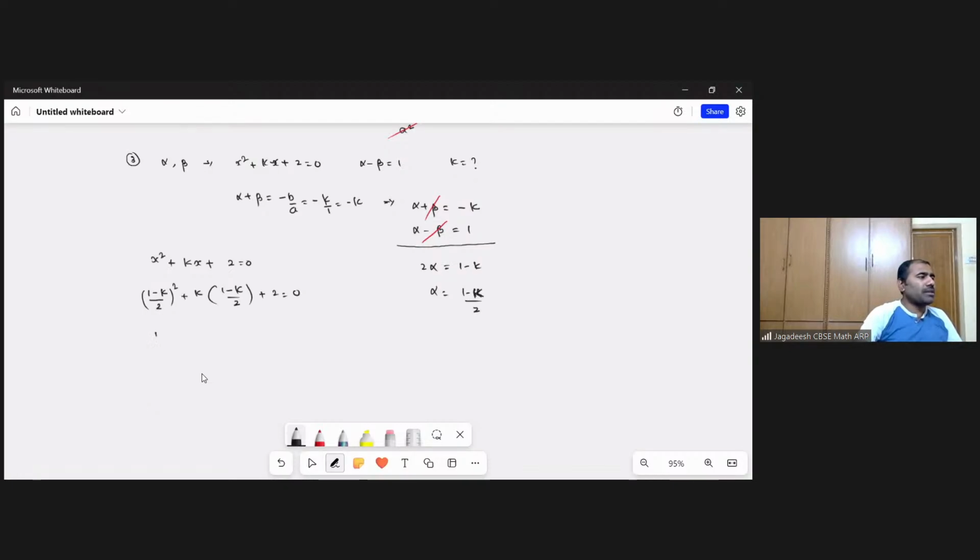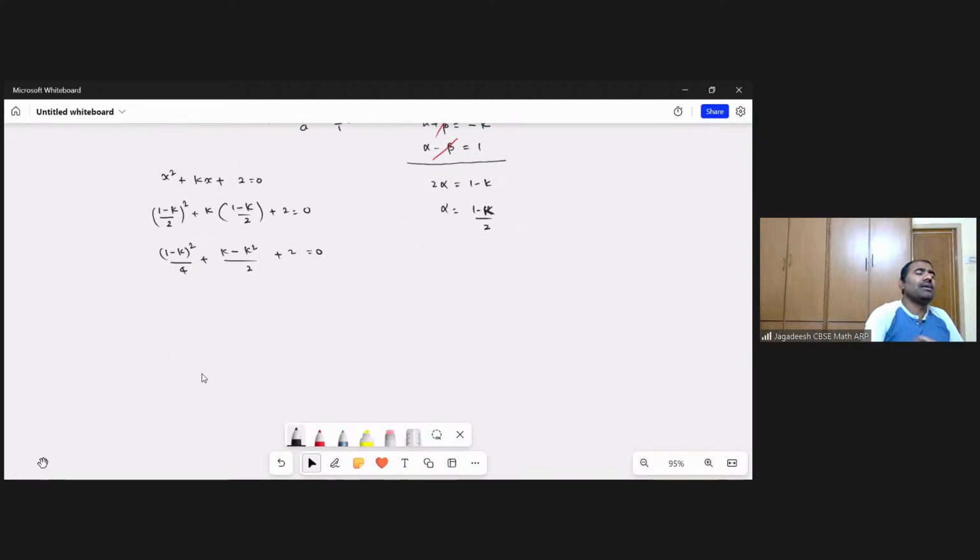Now let us simplify further. (1 minus k) whole square by 4 plus k into 1 minus k into k square by 2 plus 2 equal to 0. If you observe carefully, the LCM for 4 and 2 is 4.